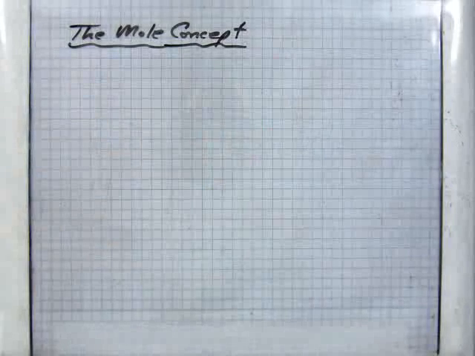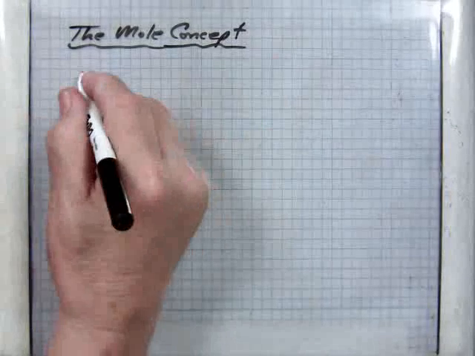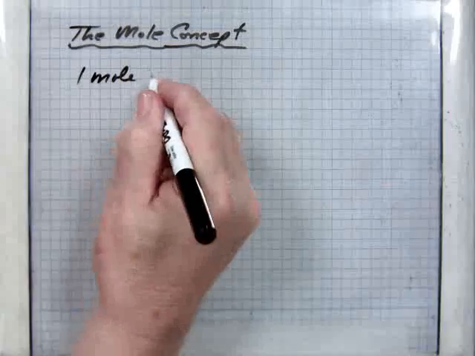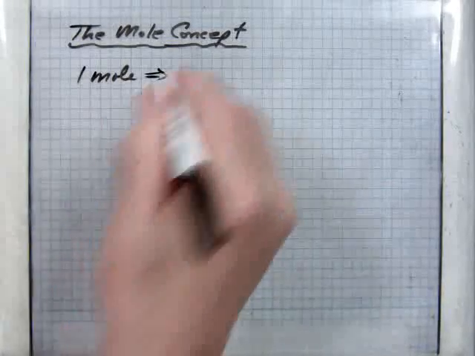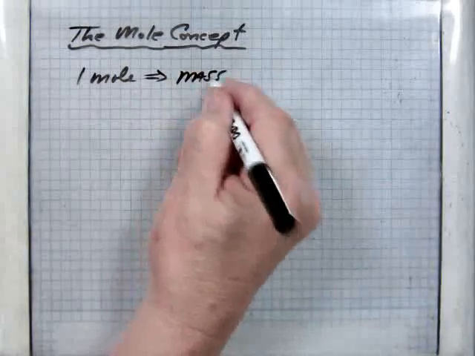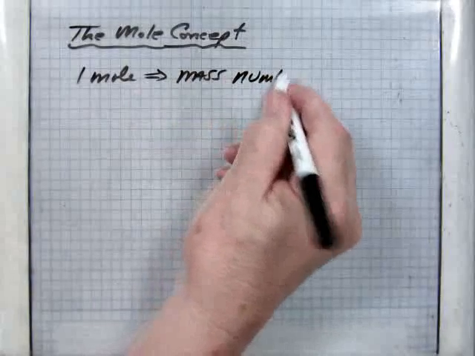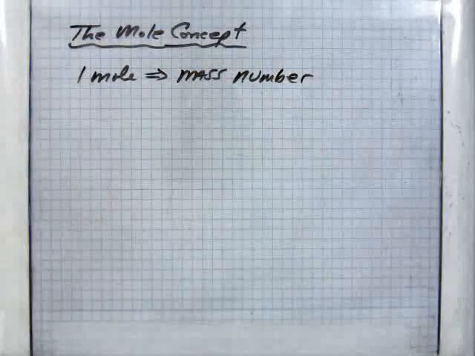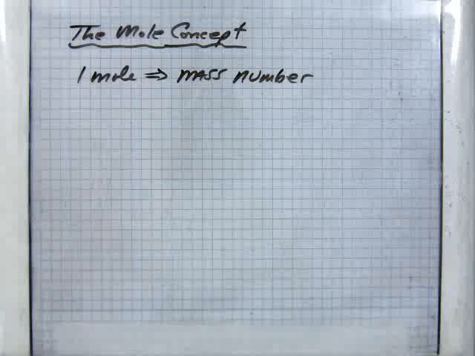In chemistry, what does a mole mean? 1 mole is a mass number. Mole is to formula weights and so forth as tons is to pounds, like 2,000 pounds is a ton kind of thing.